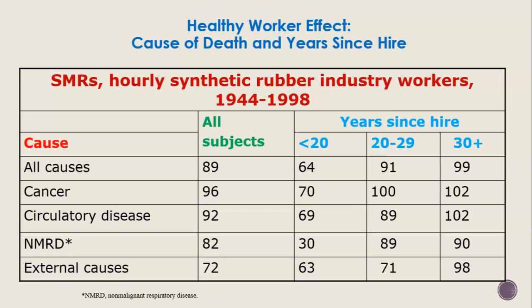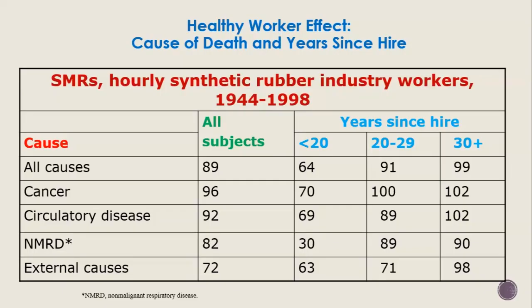You would simply subtract 71 from 100 and you would get 29, meaning that the mortality rate in workers is 29% less than in the general population. Would that healthy worker effect be strong or weak? Yes, it would be strong.